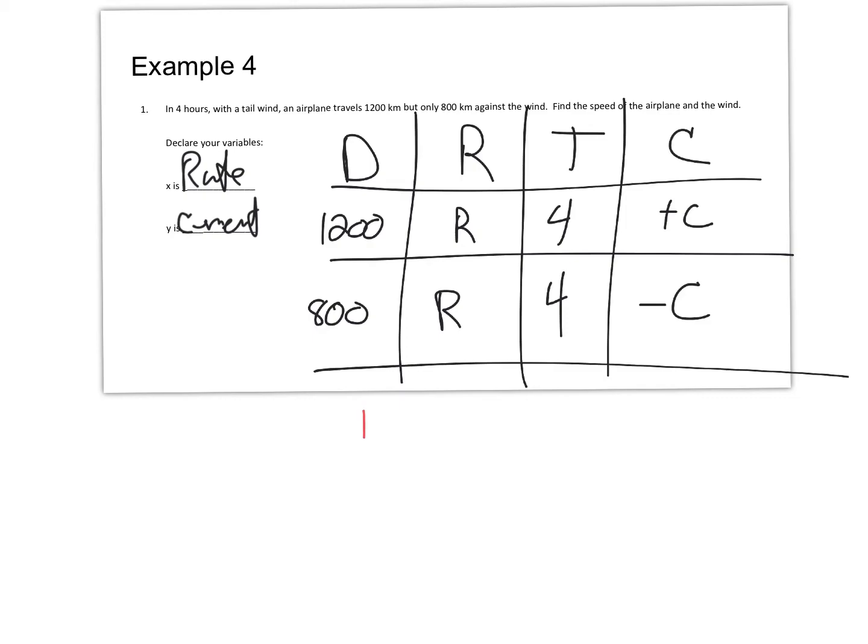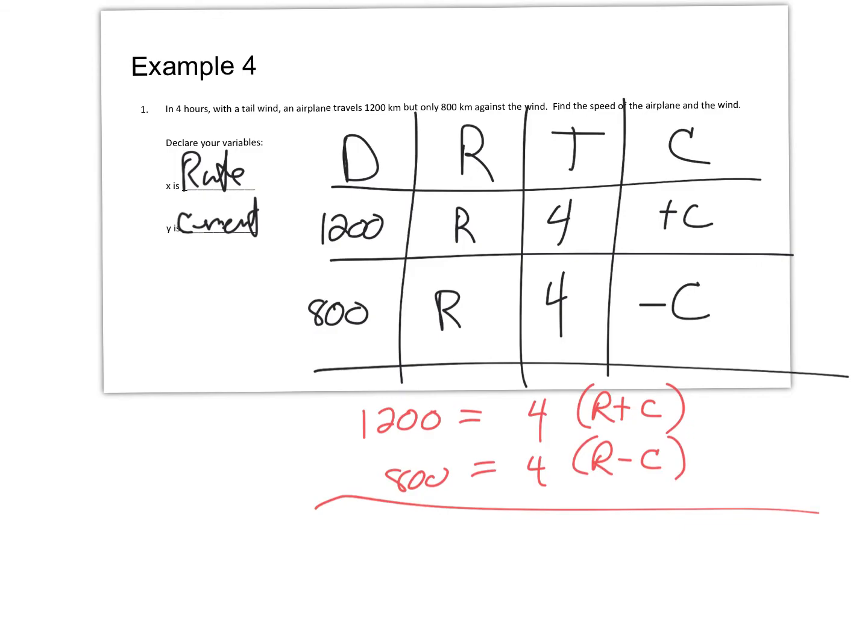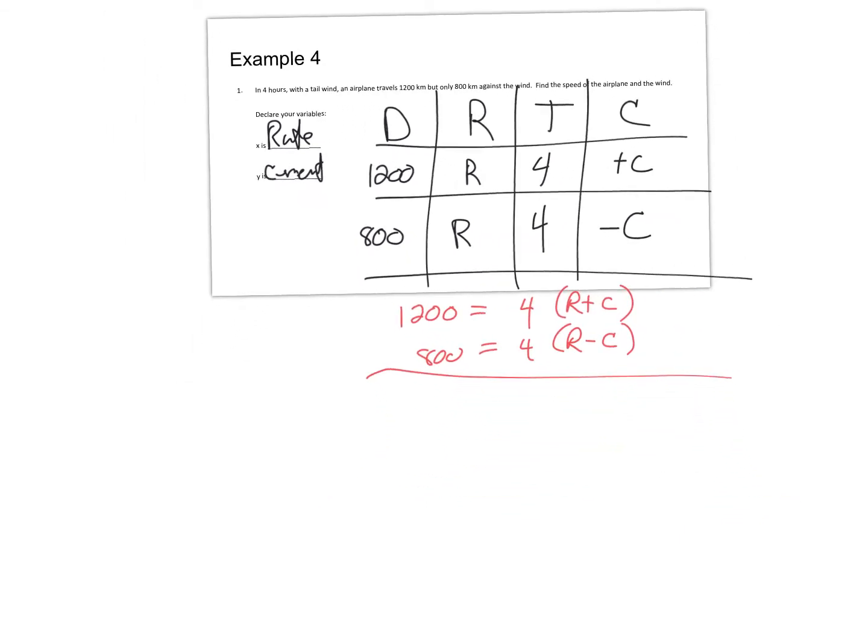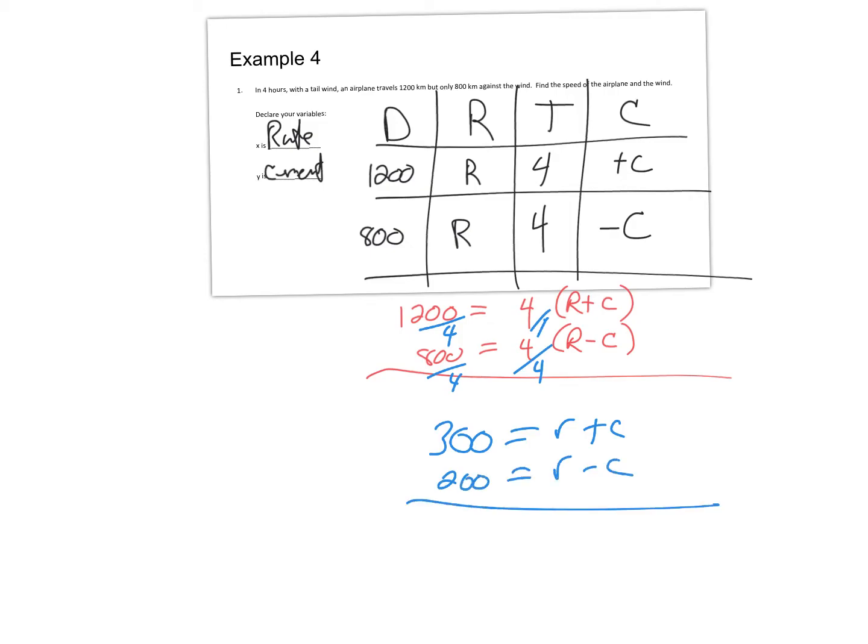Okay, take out the equation. 1,200 equals 4 with R plus C. 800 equals 4 R minus C. All right, so let's divide this out. Divide by 4s. So 300 equals R plus C, and 200 equals R minus C. Now again, my C's are ready to go, so we're going to add down. 500 equals 2R.